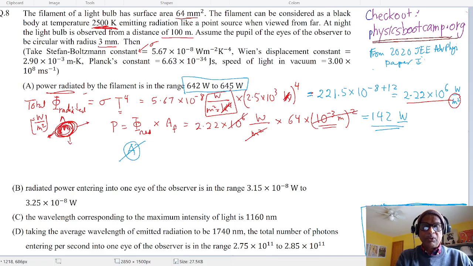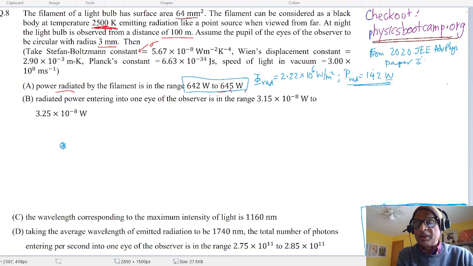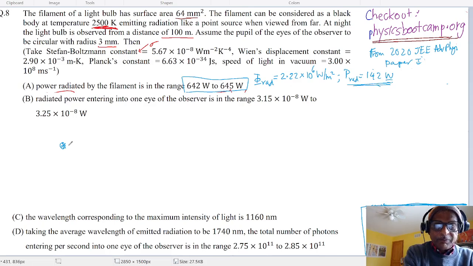So I'm going to write these values and make room for B. Okay, so how much of this radiation is entering the eye? Well, this is radiating out at this many watts, so that's how much is coming out in total.